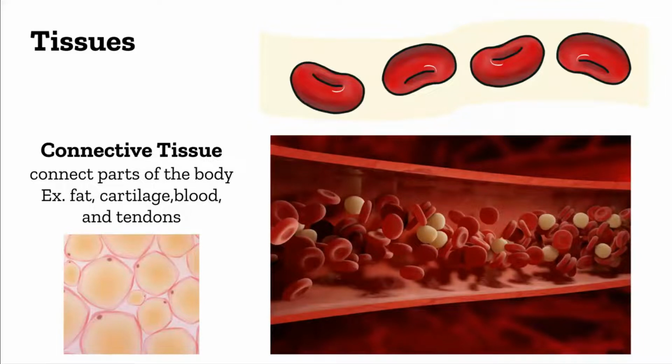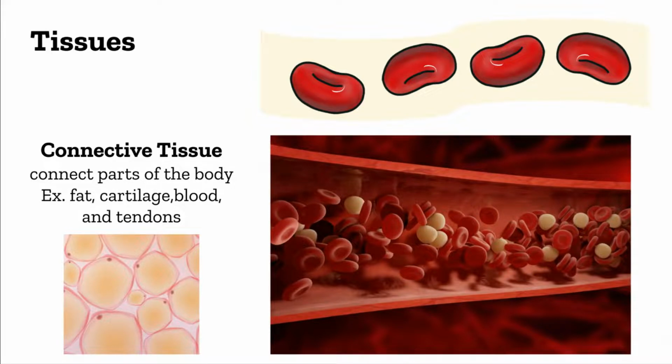Our body also contains connective tissue, and connective tissue really does just what it sounds like it would do. It connects different parts of the body. Examples include fat, which is seen in the photograph just below the wording, cartilage, which is used to connect bones and cushion their movement, blood, and tendons.